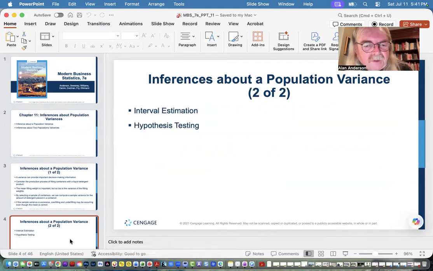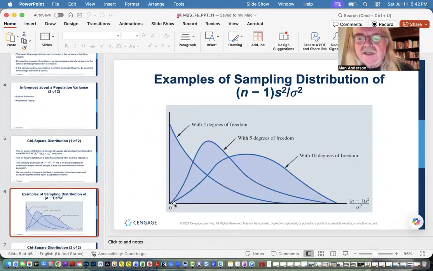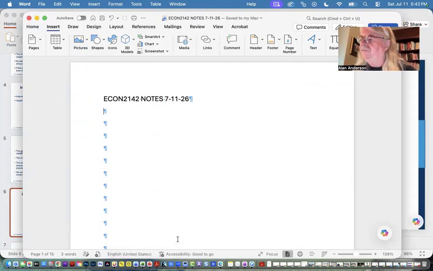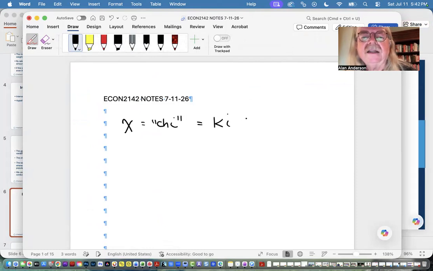So anyway, there is one nice diagram in here about the chi-square, so you can see it more easily. But in a nutshell, here's what we need to know. So first of all, a quick reminder. This is the Greek letter chi, even though it's spelled chi, it's pronounced as if it were spelled ki, I guess, or kai.